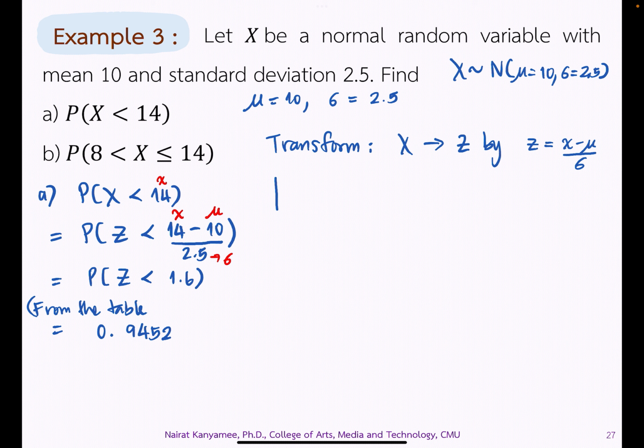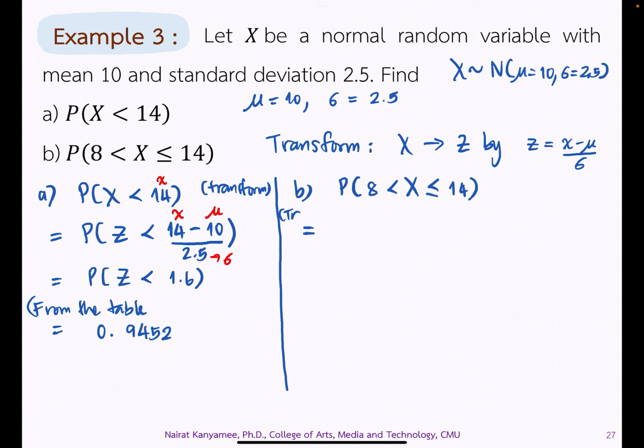Okay, but we need to transform it. Part B, looking for P of X greater than 8, less than or equal to 14. With the equal sign or not, they are the same. So we need to transform it to Z by subtracting the mean and dividing by the standard deviation.